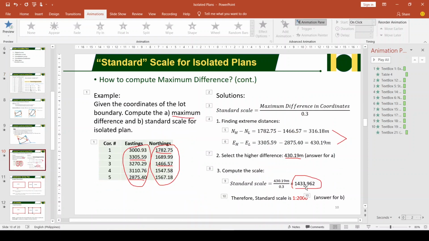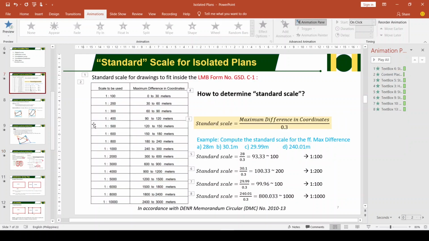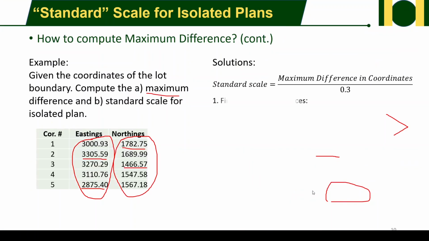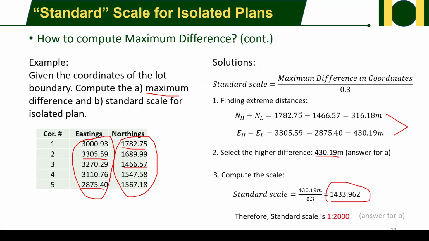So the answer is, the 430 maximum difference is between 300 to 600, so the scale is 1 is to 200. Or using the formula, we came up with 1433.